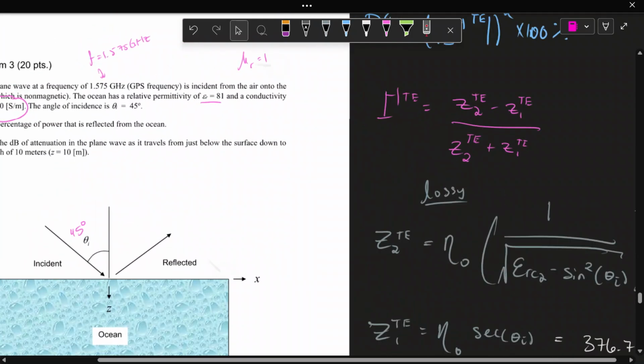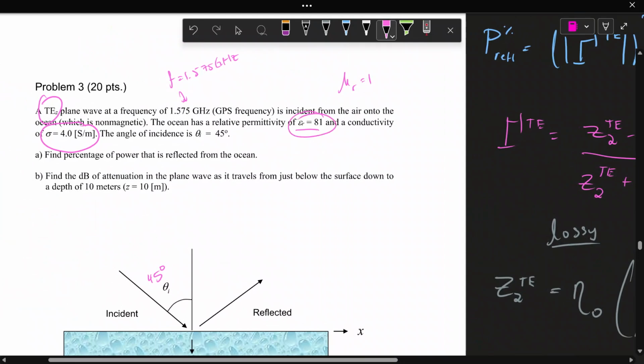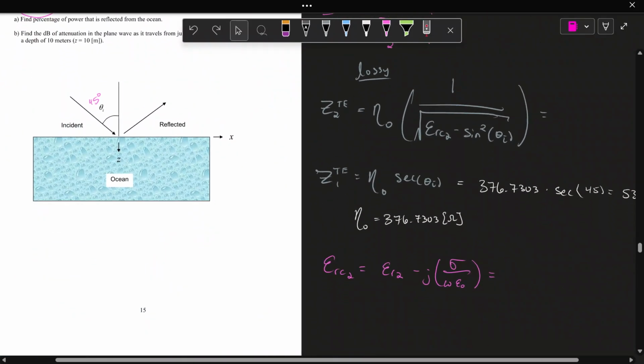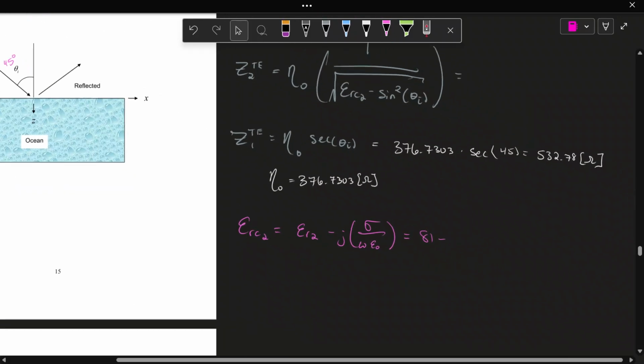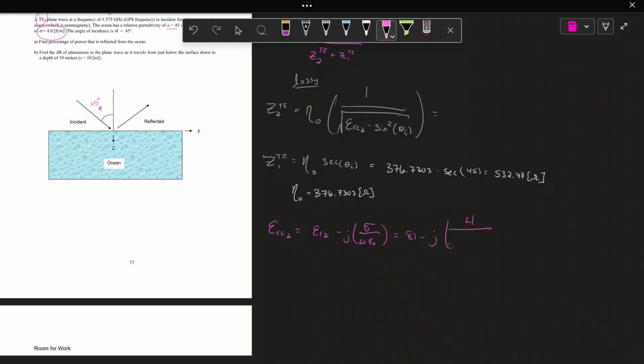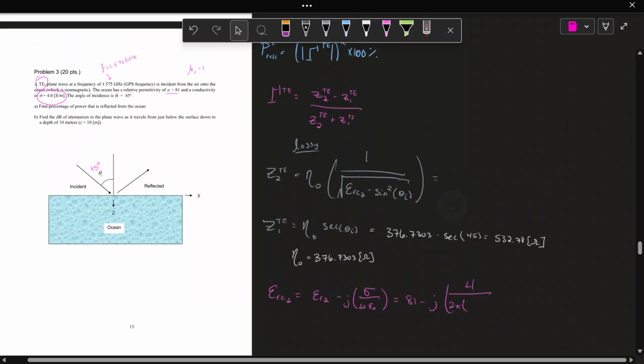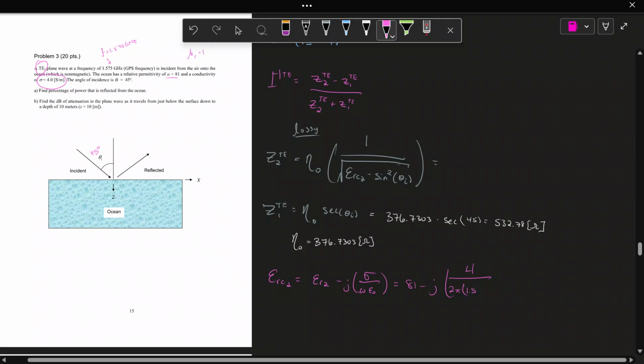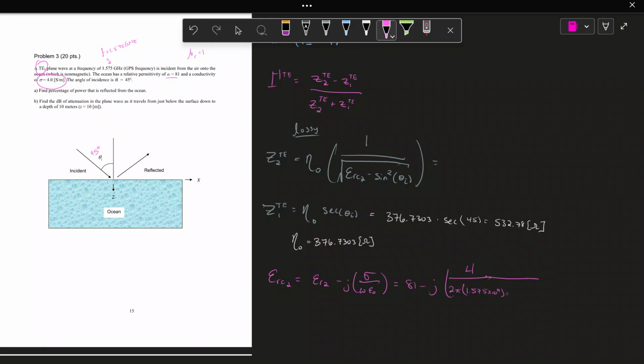Epsilon R2 is the relative permittivity in the ocean, or in the second medium, to be 81. So we can set that to be 81. Minus J times 4, because that's the conductivity given in the problem, divided by omega, which is 2 pi times the frequency. Frequency is GPS frequency, or 1.575 times 10 to the 9th hertz, times epsilon naught, which is 8.85 times 10 to the minus 12.